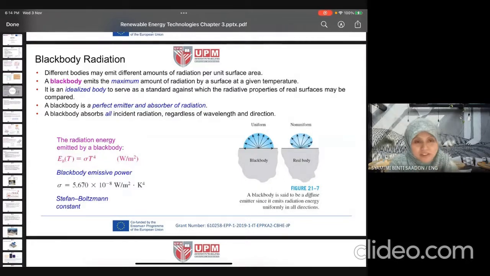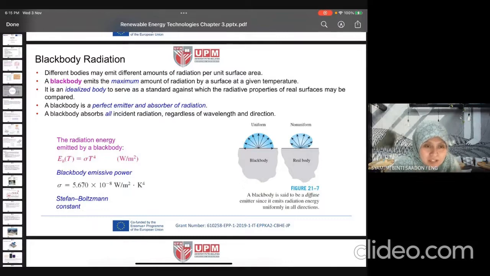Later on we will see how we calculate the emissivity level. The role of the black body is to serve as a reference, to compare how much radiation energy the surface can transmit.